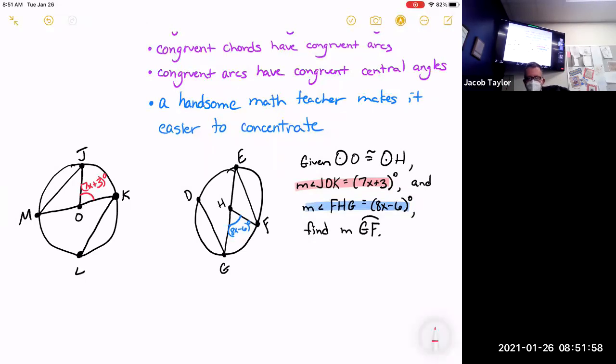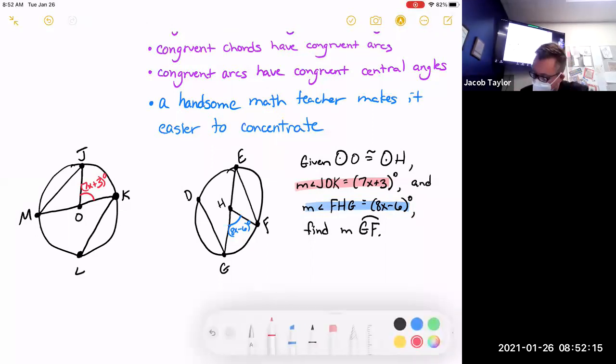Okay, what can I do? Would those two things be congruent? They are congruent because I put the little diddly doos there.